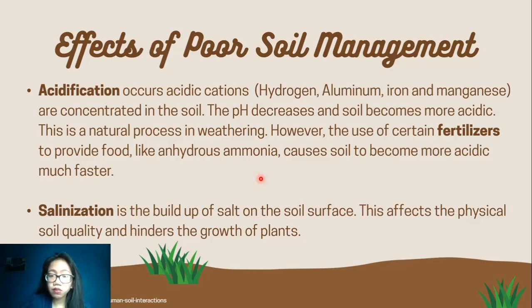Because of weathering processes, this might occur naturally, so some soil may become acidic, but because of excessive use of fertilizers to increase the production of food, because there is a high demand for food, and for profit, of course, we might use certain harmful fertilizers, like anhydrous ammonia. If those mix into the soil, eventually the soil itself will become acidic.